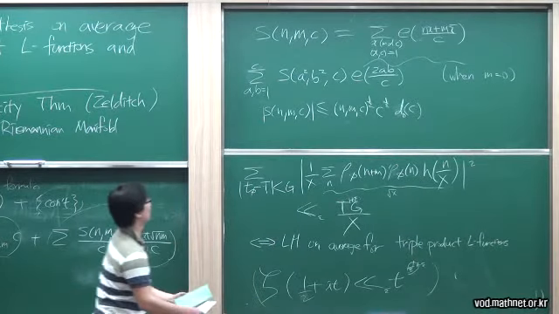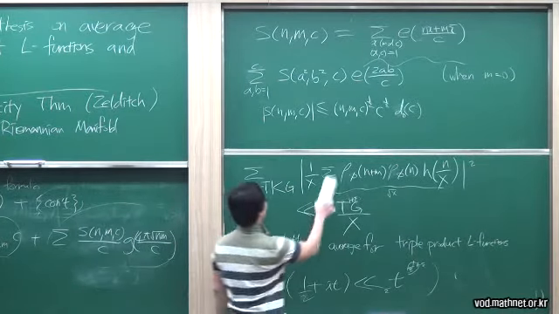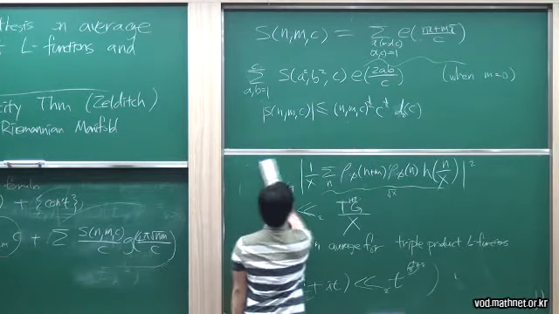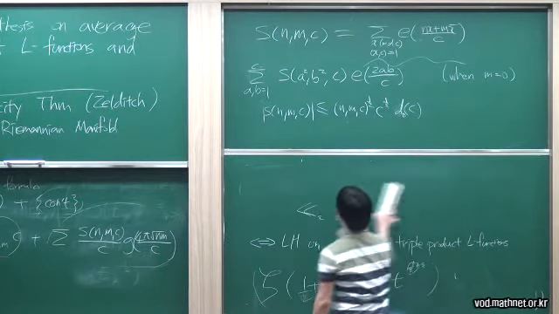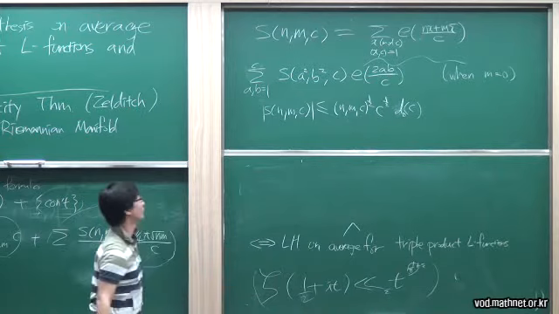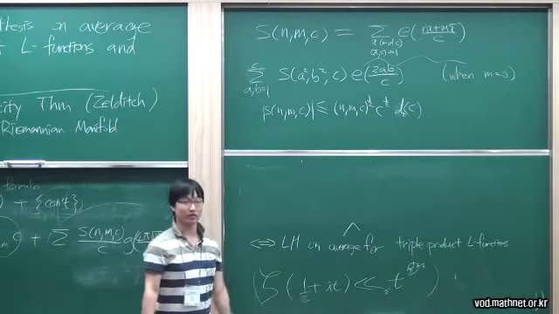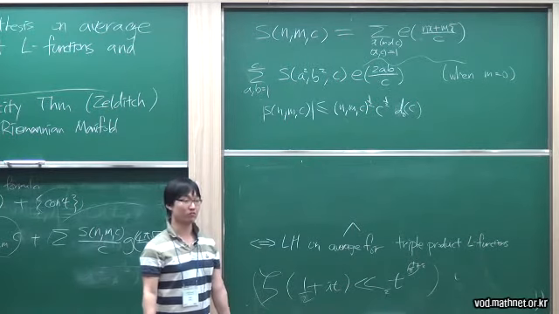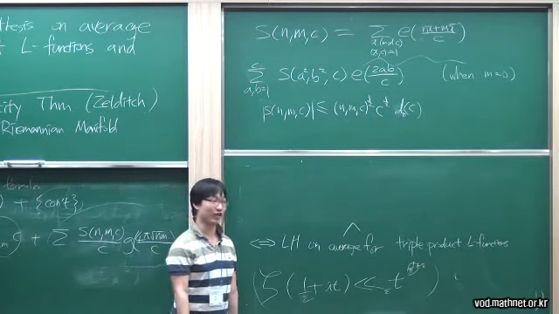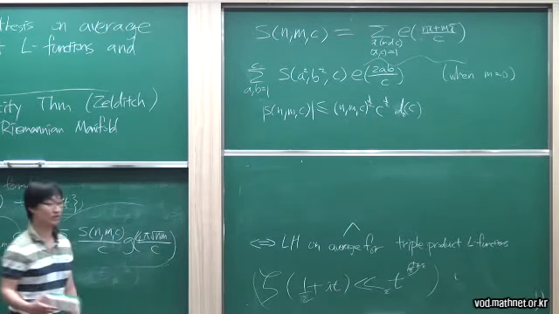And then one observation about this sum here is that if you don't care about C and if you just consider the sum over A, then that is actually a Gauss sum, which one can evaluate explicitly.